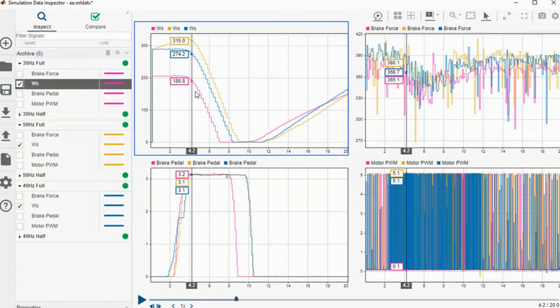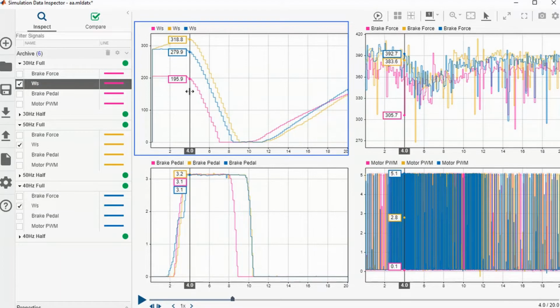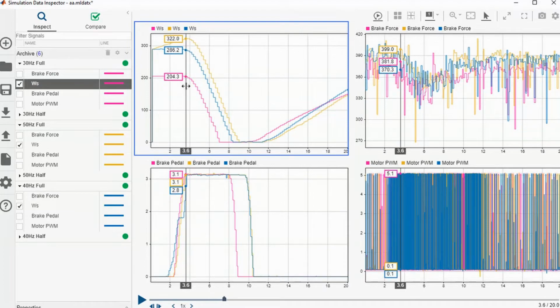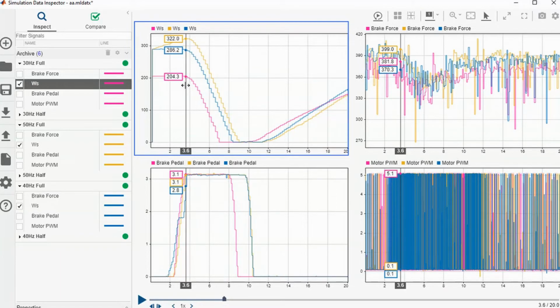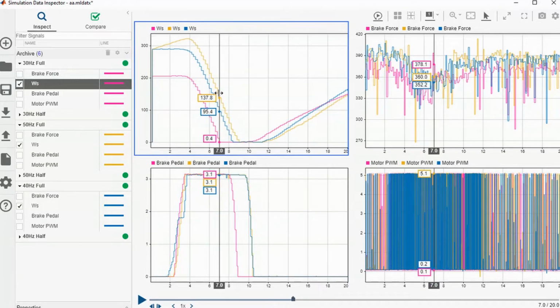So as you can see here, the 30 hertz moving tire will stop only at the initial press on the brake pedal. The tire on the 30 hertz moving wheels takes around 2.3 seconds to stop.